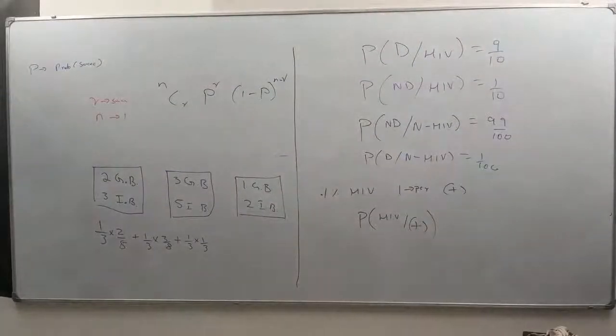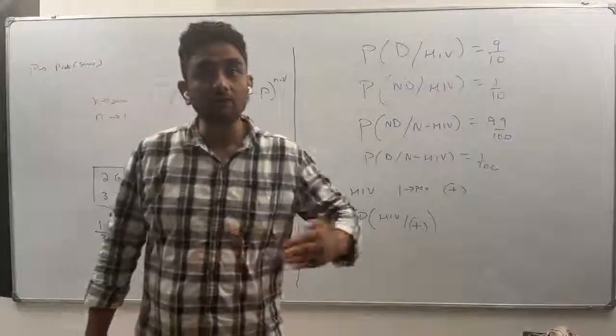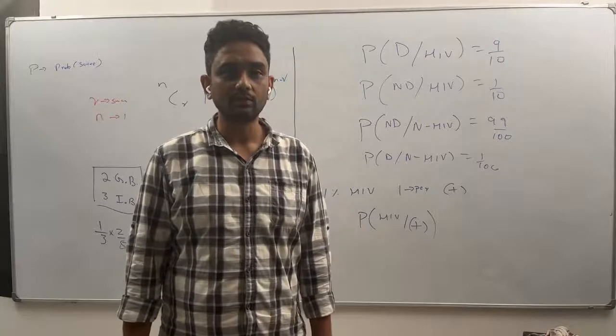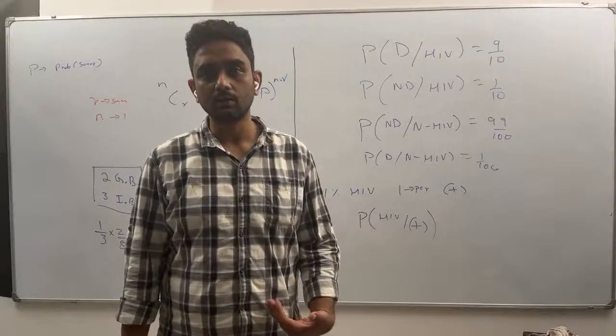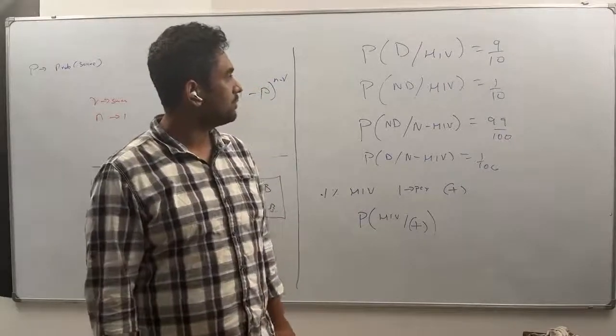Now, Murugasan, tell me your favorable outcome. Yeah. That means it should come out to be positive and should have HIV. It should be both positive and HIV. That is my favorable outcome, right? So HIV and positive.